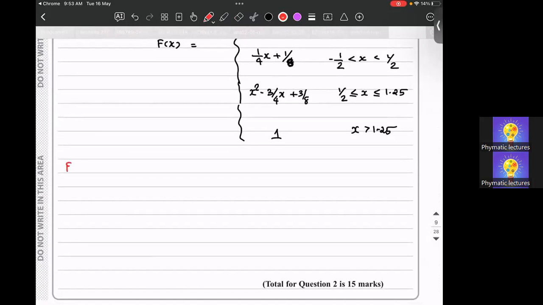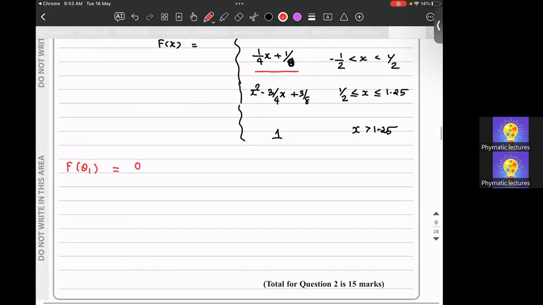So F of Q1. In which equation will we substitute? Anyway, 0.25 means most probably it lies in this part. So F of Q1 should be 0.25. Probability should be 0.25. So 1 by 4 into Q1 plus 1 by 8 must be 0.25.